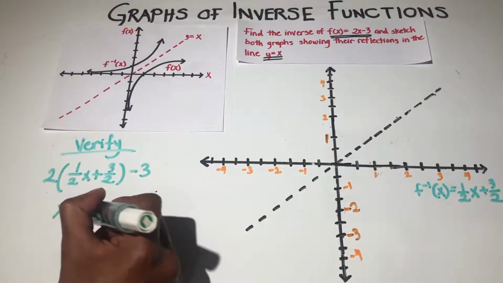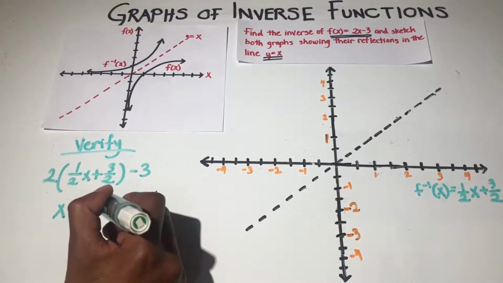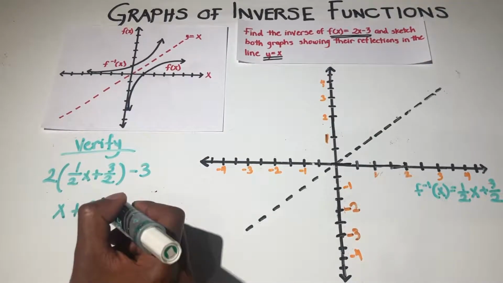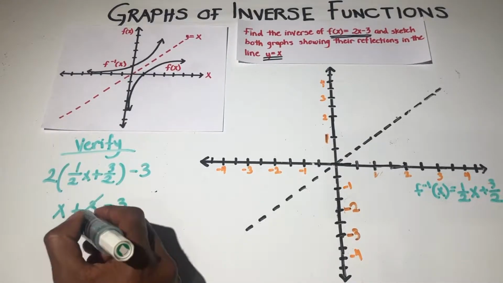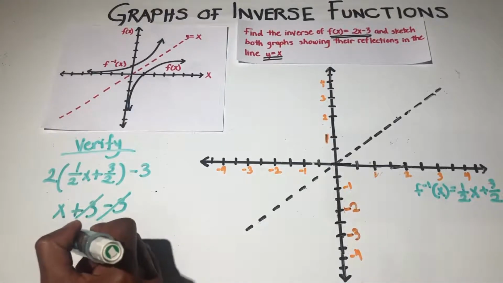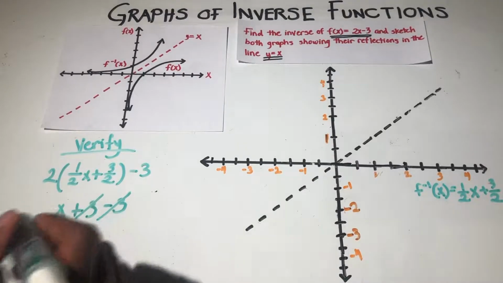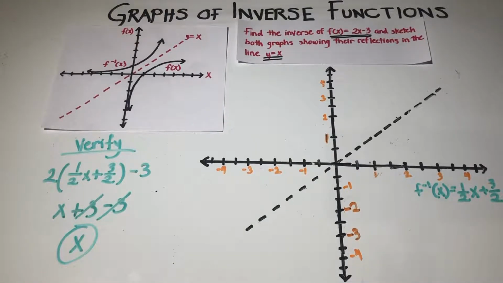That's just going to give us 3. Then we have negative 3 left hanging there. So x plus 3 minus 3, the 3's go away, and we end up with x. And we can say that we have verified our inverse function.